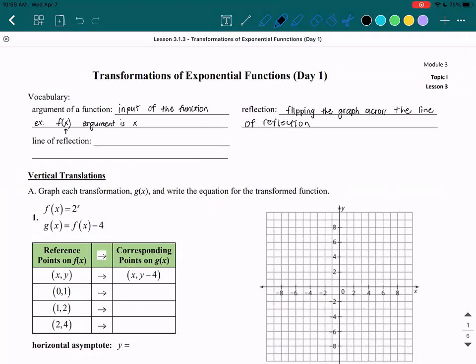So the line of reflection is the line that the graph gets reflected across.